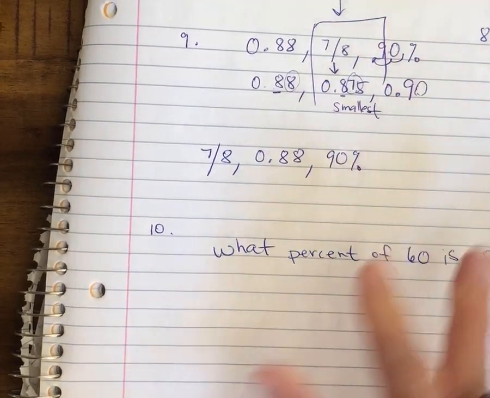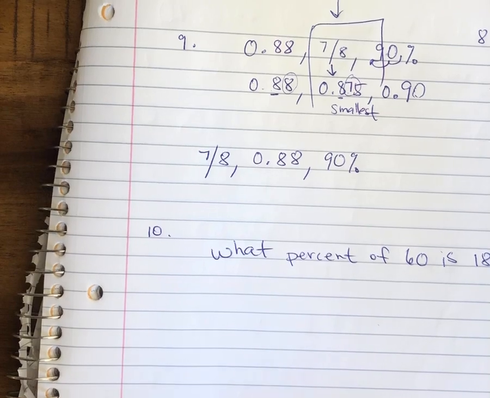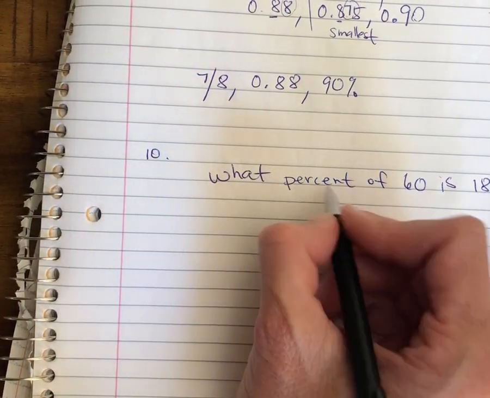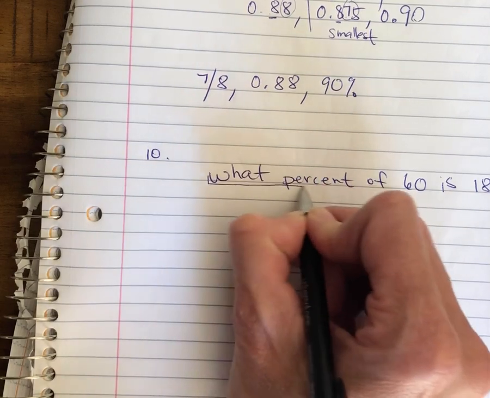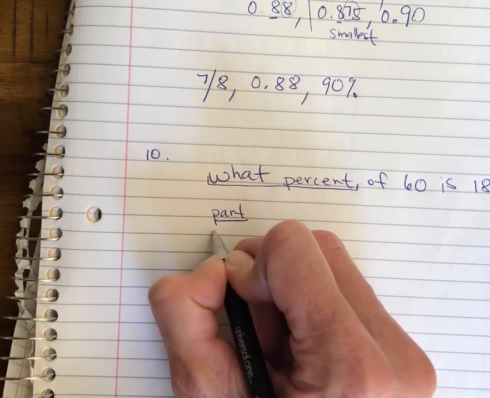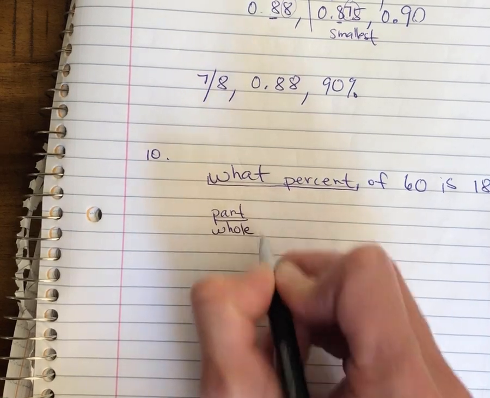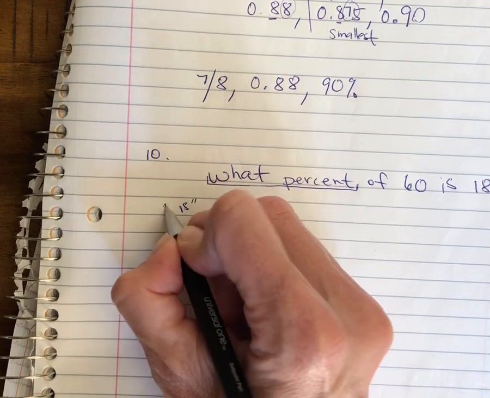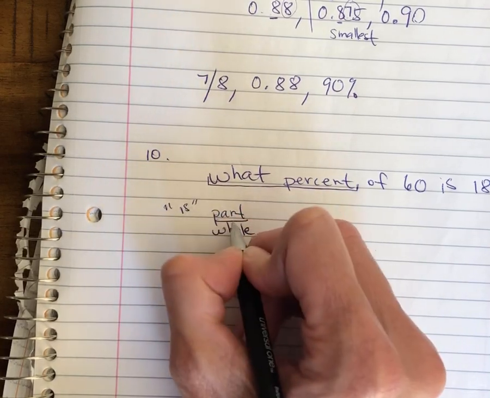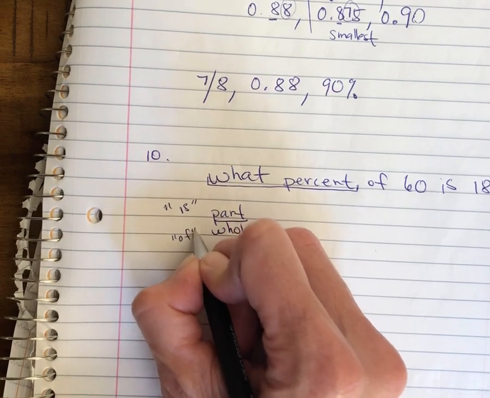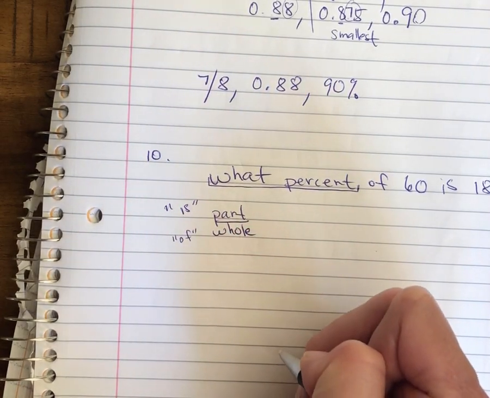I like to work these out on a separate sheet of paper so that I have plenty of room to work. And I know that percents are part to whole ratios. Okay, so I'm gonna put those little guiding words off to the side. And then I'm also going to remind you that the word is tells us or is a hint for what the part is, and the word of is a hint for what the whole is, okay?